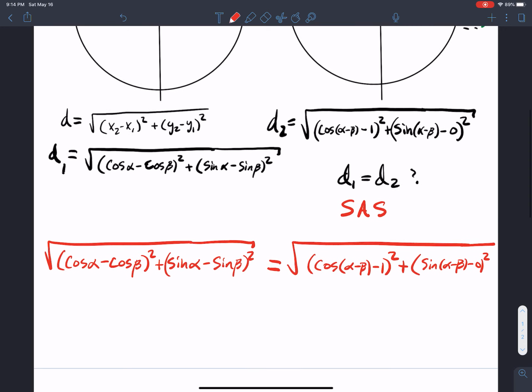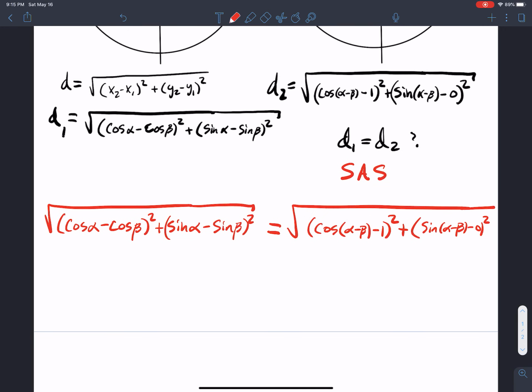Okay, now first thing I'm going to do is get rid of the square root by squaring both sides. Now when you square both sides, you could potentially be introducing extraneous solutions, so always keep that in mind when you're working through your problems.